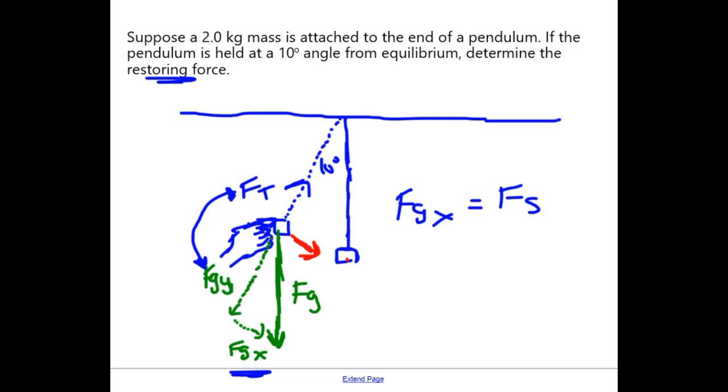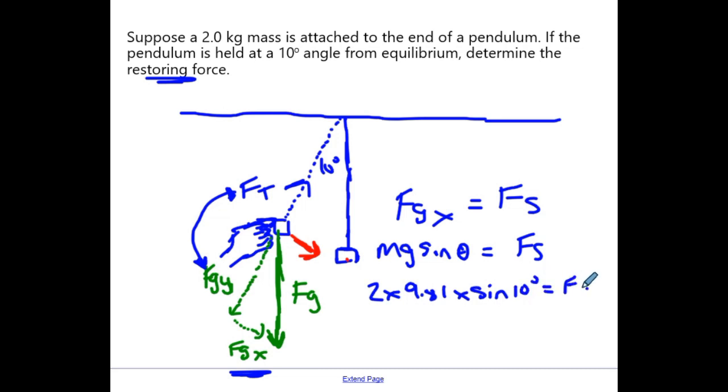So long story short, you just have to remember, how do you find an FGX? Well, FGX is mass times gravity times sine of theta. And hopefully you're getting better at that. So mass, 2 kilograms, gravity 9.81, sine of 10 degrees, we are done. I don't mean to be so flippant about it. Not FF, FS, restoring force.